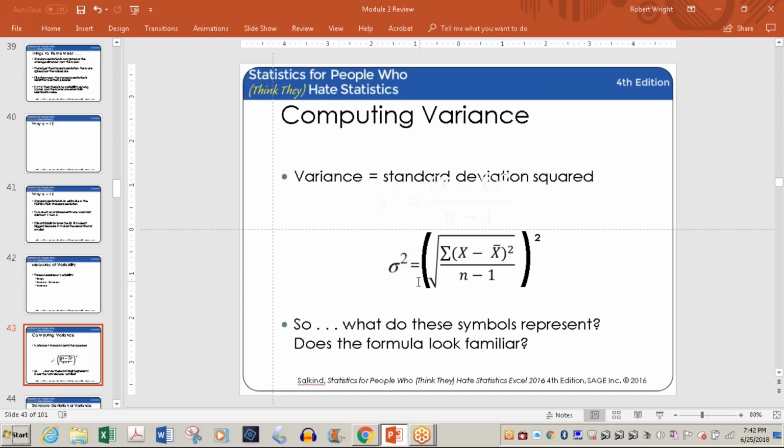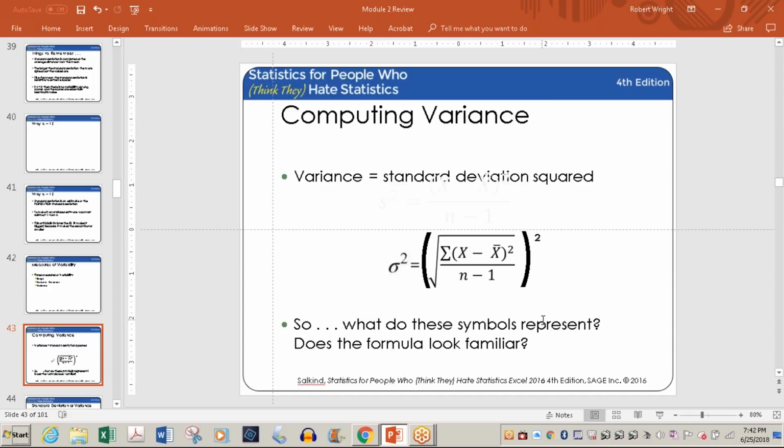Okay, here's that lowercase sigma I was talking about. So variance is the sigma squared, and then you have the summation of your scores minus the mean of your scores squared over the n minus 1, again, the total number of subjects minus 1. So does the symbol look familiar? Yeah, because it's the same one you use for standard deviation.